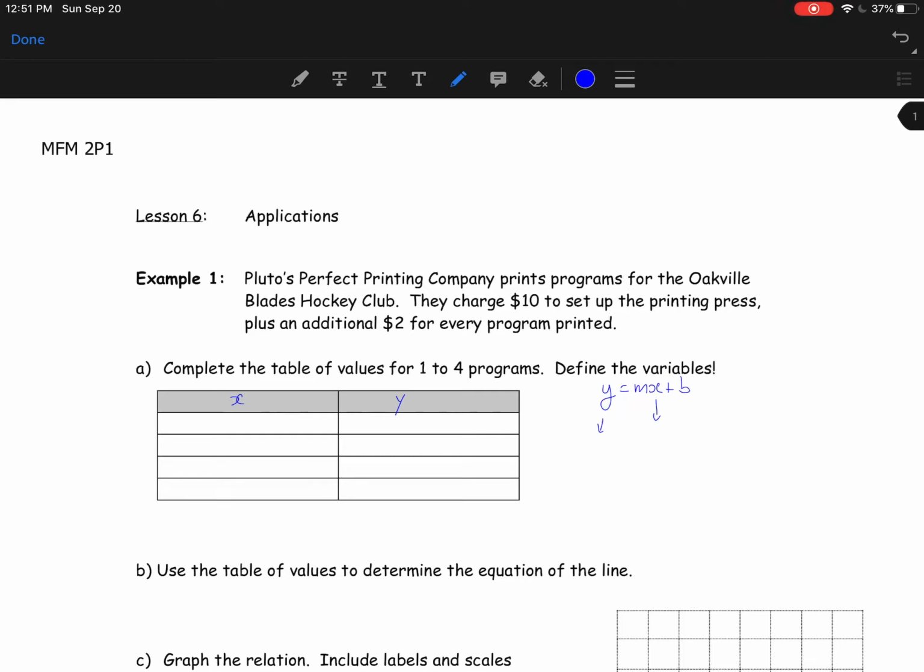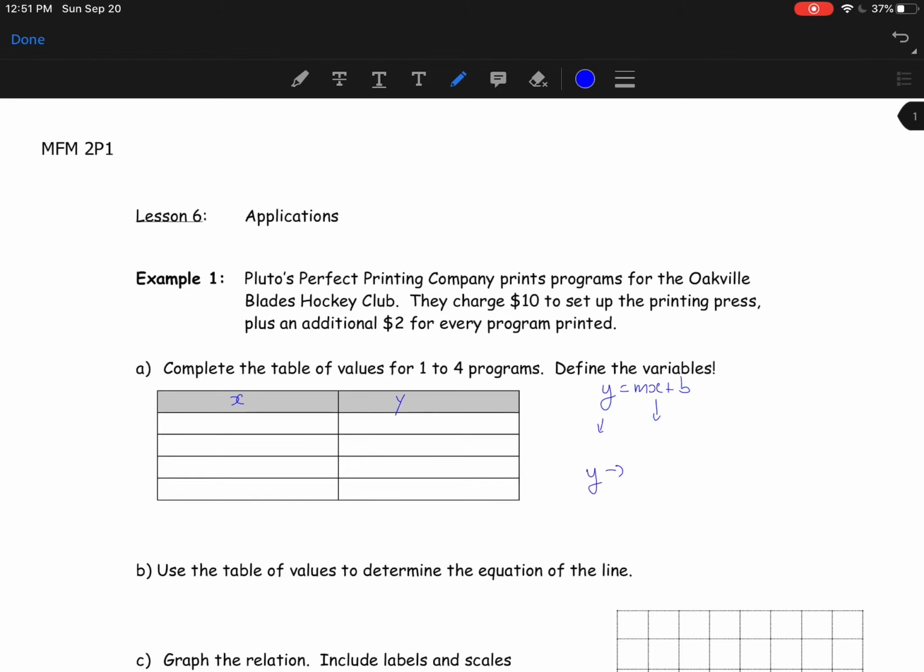So it has Pluto's Printing Company prints programs for the Oakville Blades Hockey Club, $10 to set up the printing press, an additional $2 for every program printed. What we have to decide is what our x variable is going to be and what our y variable is going to be. In every question, the y variable is the cost, the end result, what you get at the very end.